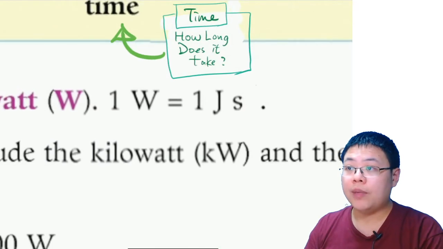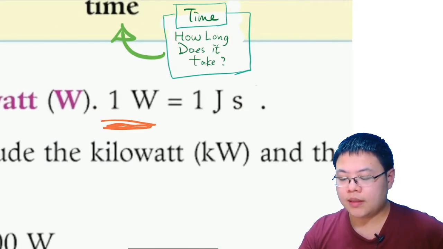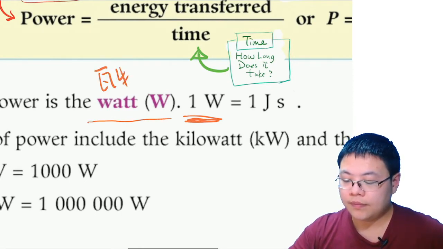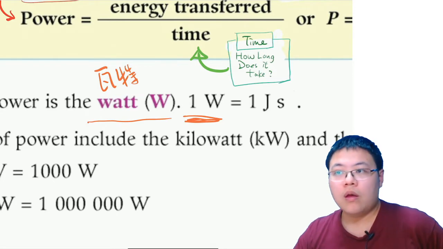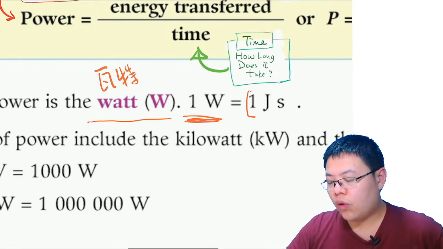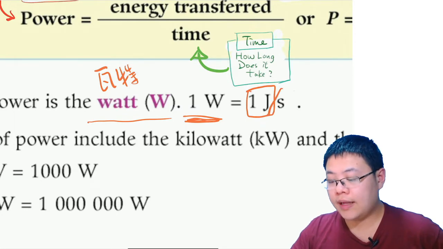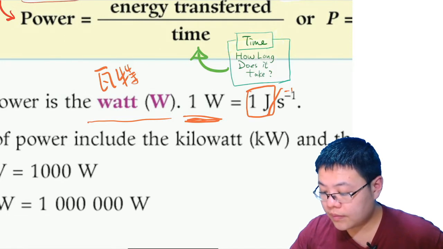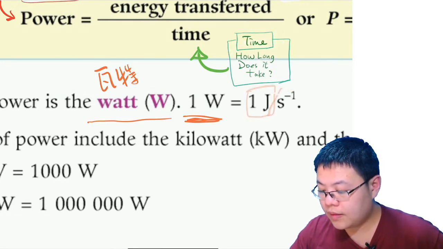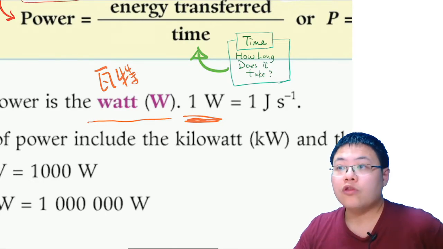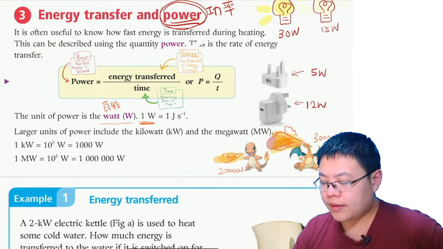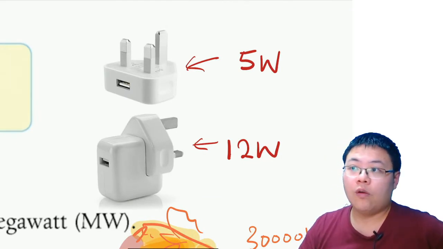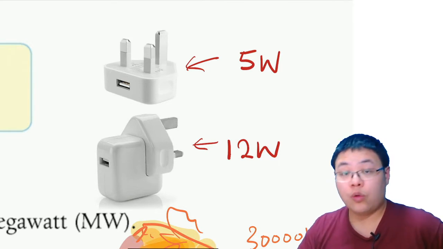W is the unit, watt. 1 watt is 1 joule of energy per second. And then, for example, in these chargers, the smaller one is just 5 watt, and the iPad one is 12 watt.